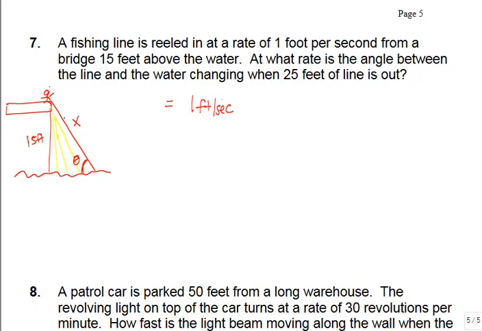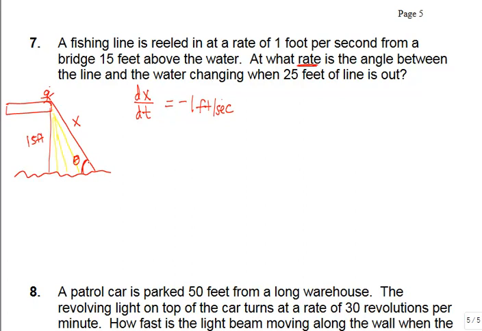And since we call that length x, then this would have to be the derivative of x with respect to time. Now, one more thing to note is the fact that this distance x is getting smaller as we reel it in. So this derivative technically needs to be a negative 1 foot per second to show that that distance is decreasing.